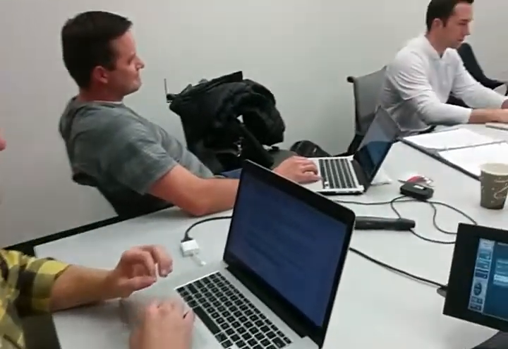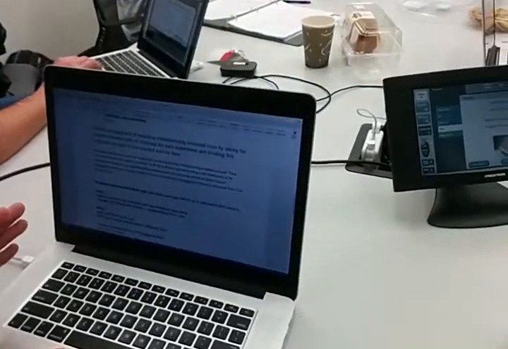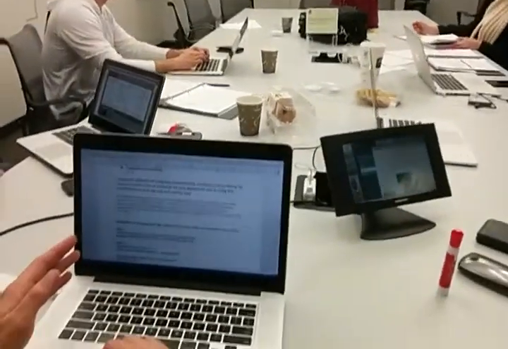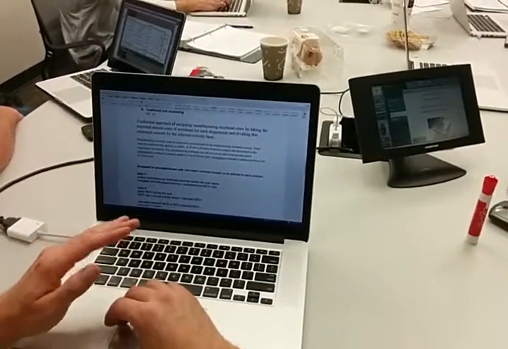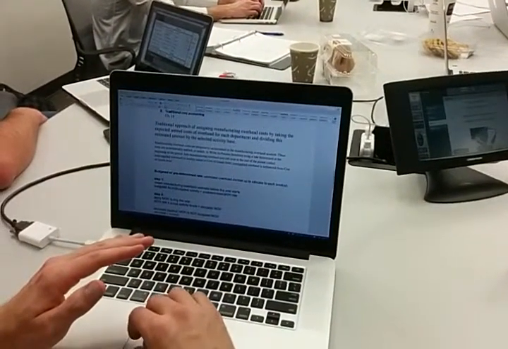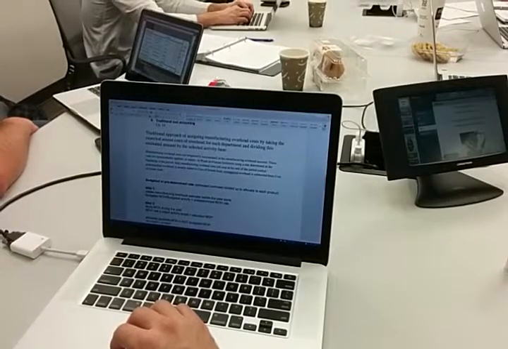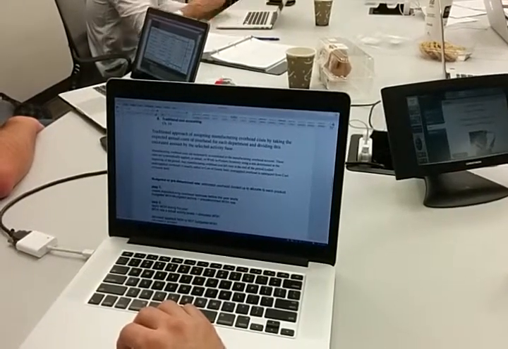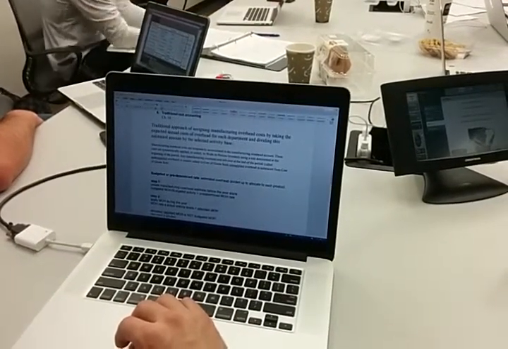So this is from chapter 16. I'm just going to read the definition here to start. Traditional approach of assigning manufacturing overhead costs by taking the expected annual cost of overhead for each department and dividing this estimated amount by the selected activity base.